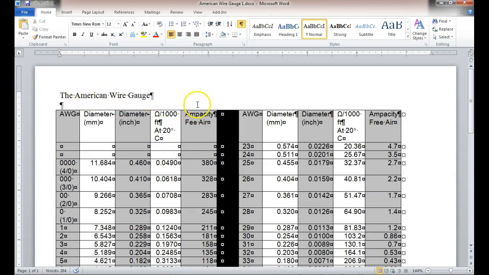So anytime we give a resistance chart or show ampacity, this is always going to be at a certain temperature and a certain length. Okay, so the ampacity here would be at 1,000 feet at 20 degrees centigrade. And this is the ohms, and this would be the ampacity. This is the American wire gauge.